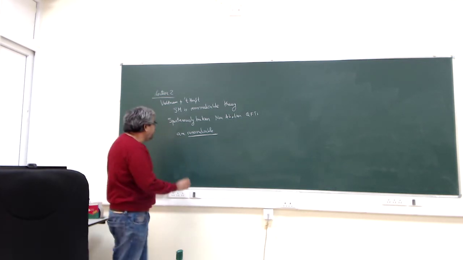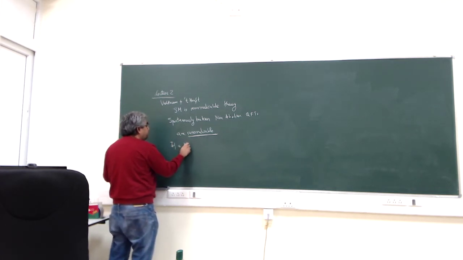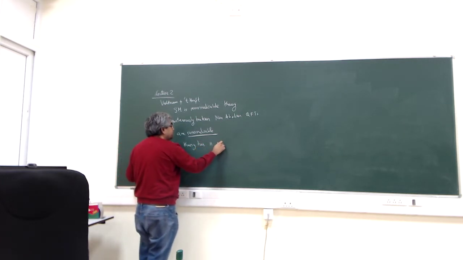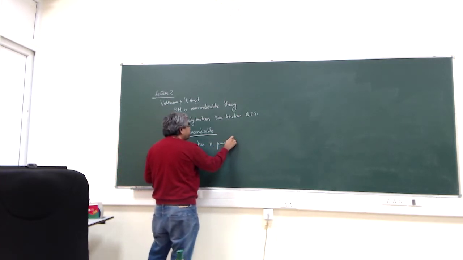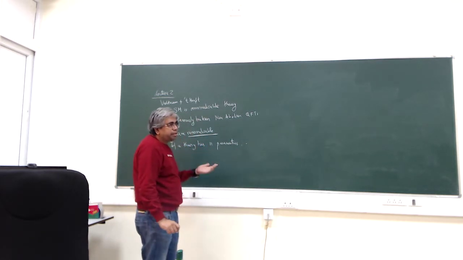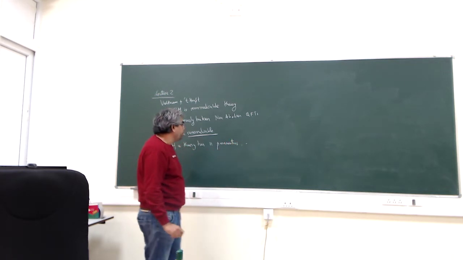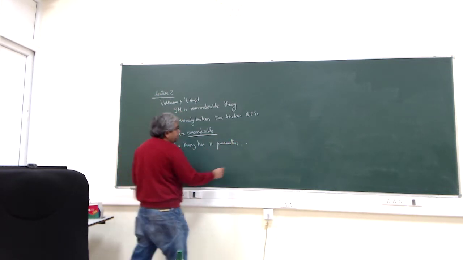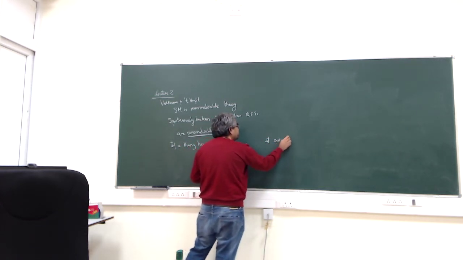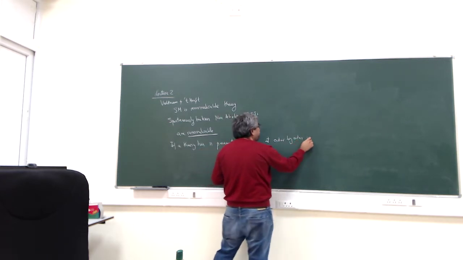So if a theory has n parameters, the number of kinds of infinities you can generate should not be more than n. So you generate them order by order in perturbation.